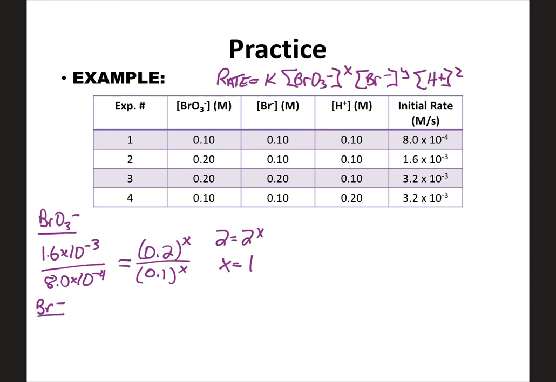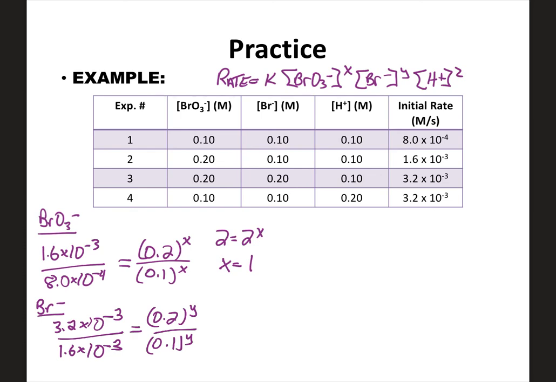And again, I'm just showing the rate and the concentration data here. So I have 3.2 times 10 to the minus third all over 1.6 times 10 to the minus third from experiment 2, equal to the concentration data. I got 0.2 to the power of y all over 0.1 to the power of y.